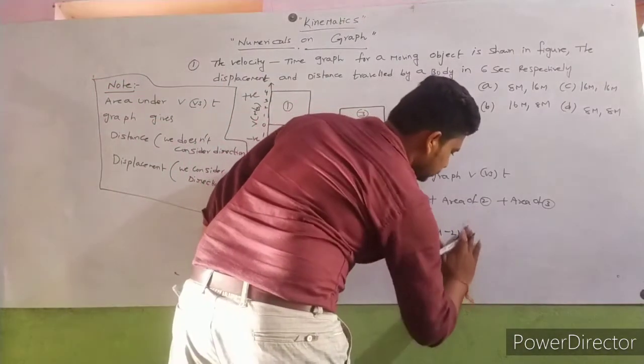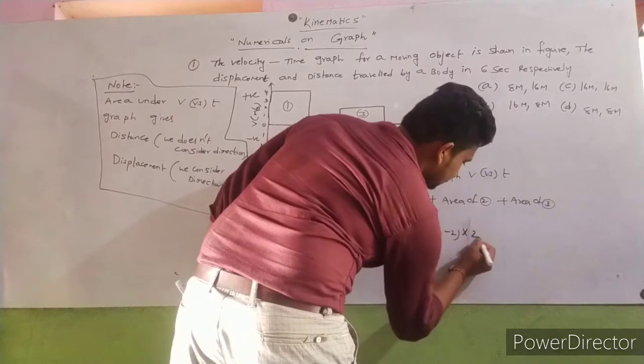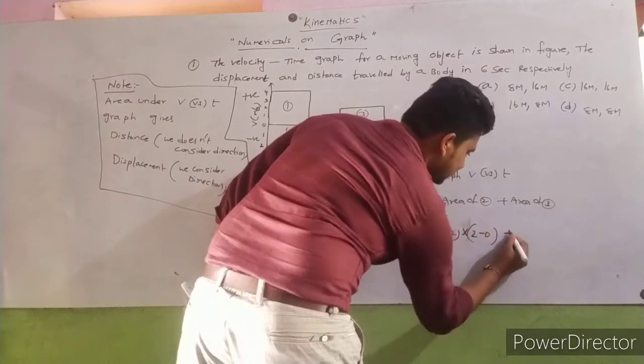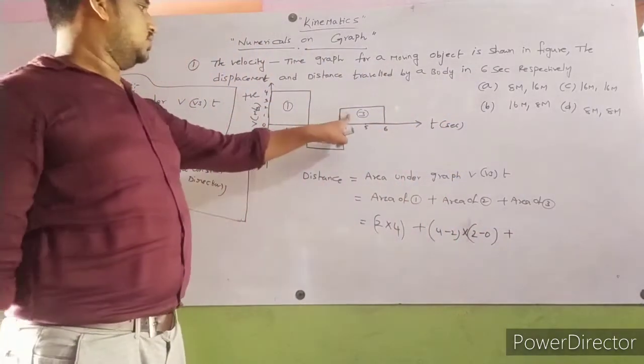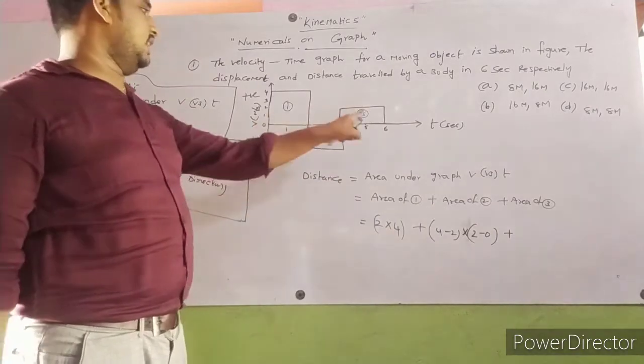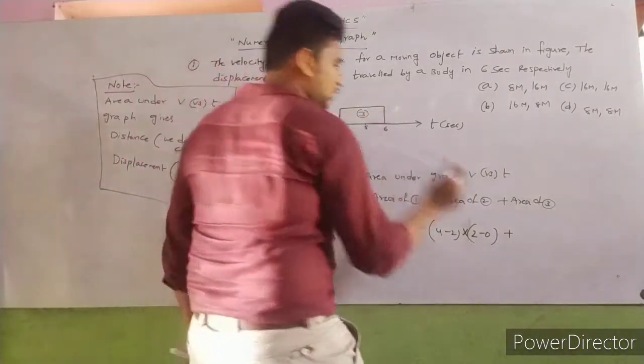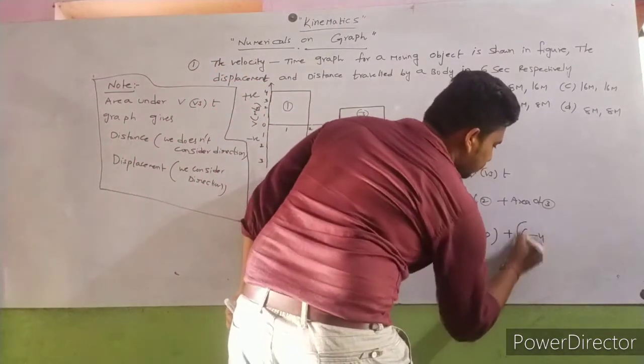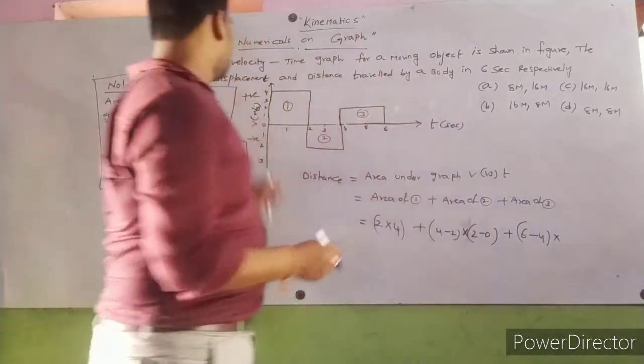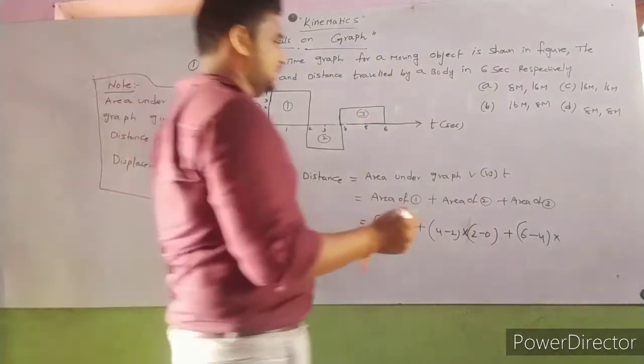Next, area of 3: x-axis value 6 minus 4, y-axis value 2 minus 0.